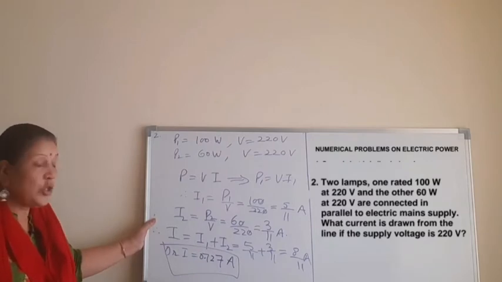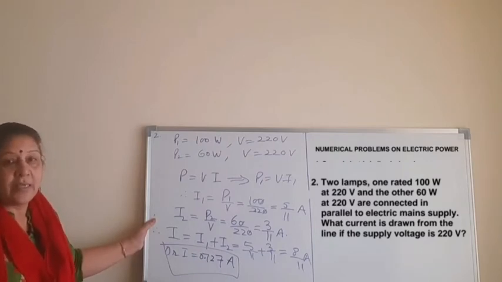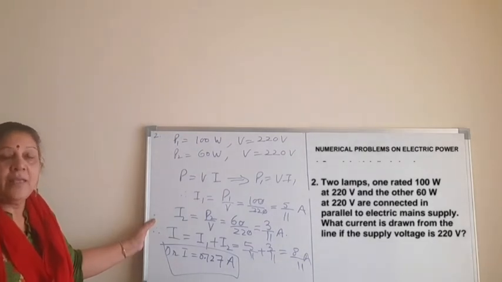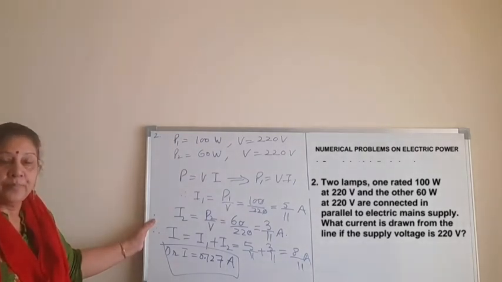That is the total current flowing in the circuit. Solution for the second numerical problem.